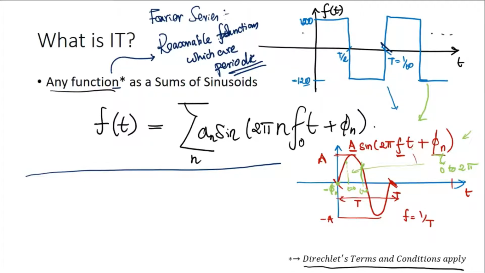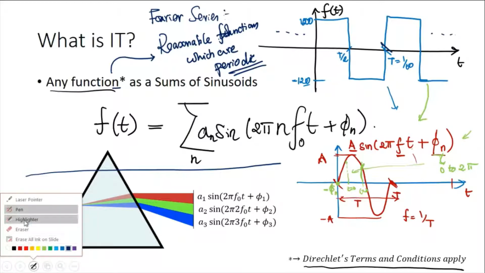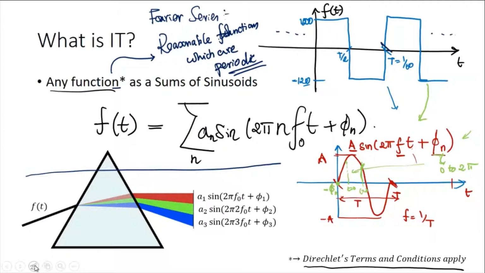Something like the square wave, which keeps on repeating itself, is periodically repeating. So what's the condition for periodicity? A periodic function just means that f of t plus T equals f of t.